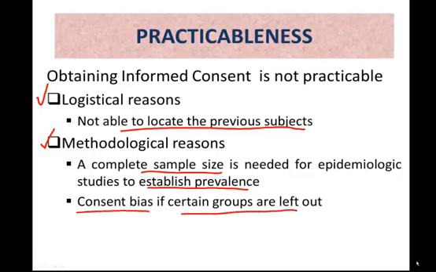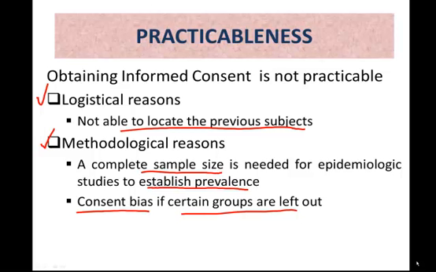Consent bias represents a type of selection bias and is said to exist when the group giving researchers access to their data differs from the group refusing access, and thus any conclusion derived from the research will not be generalizable to the whole population.